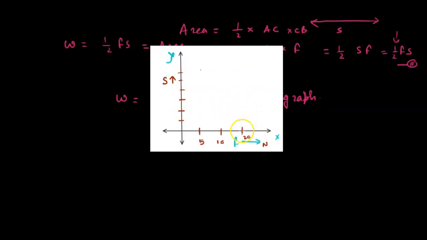When the force is constant, only displacement is increasing. So the graph is going to be like this. Okay, now what we're going to do in this case, we have to shade over here. Okay, so I'm going to shade this. So this is exactly the area coming under the displacement and force graph.